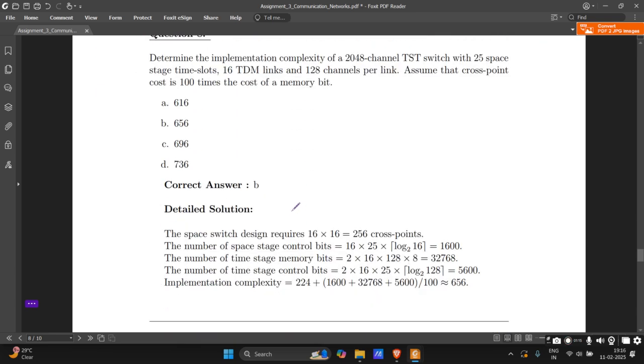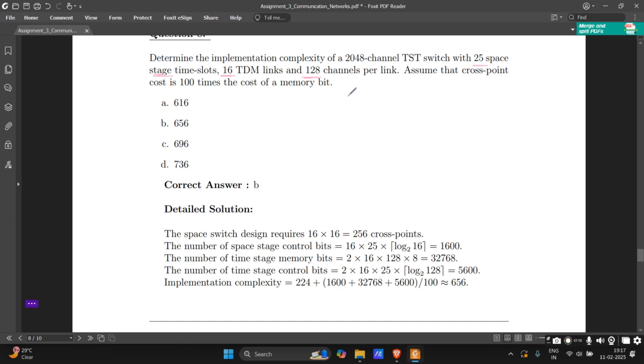Now you repeat the same, but this time there will be a TST switch, time space time switch, the other things remaining the same. So we have 25 space stage time slots and 16 TDM links and 128 channels per link.